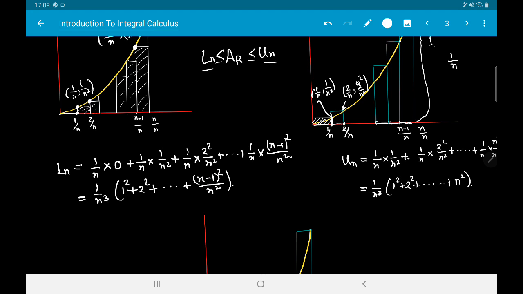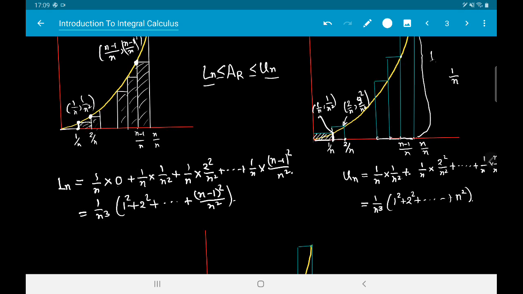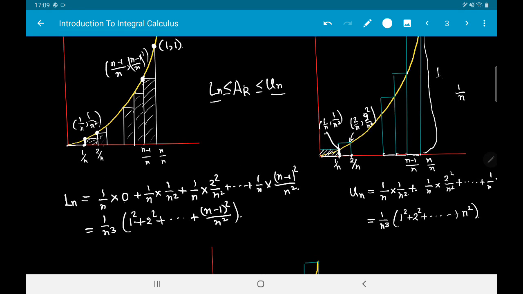Okay, so what we have done using our axioms is that we have bounded the area of our region R between these two quantities ln and un, and we have computed the expressions for un and ln.